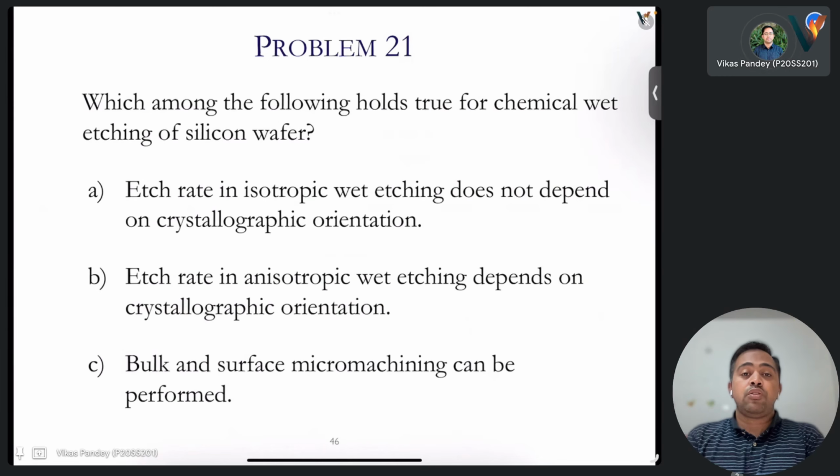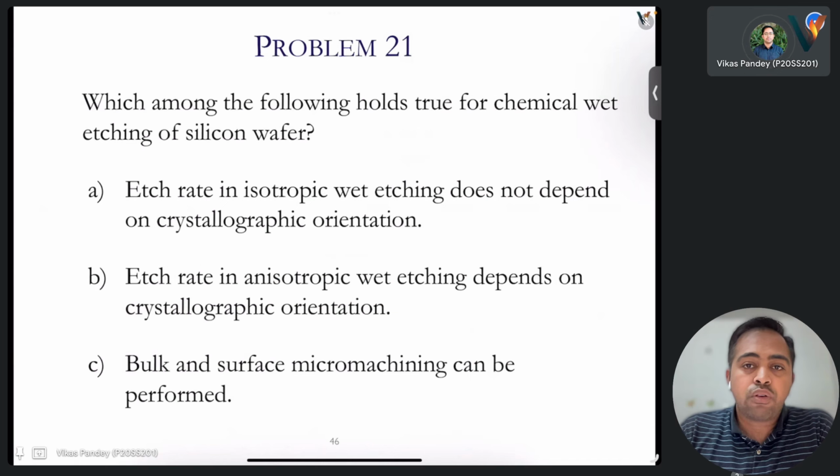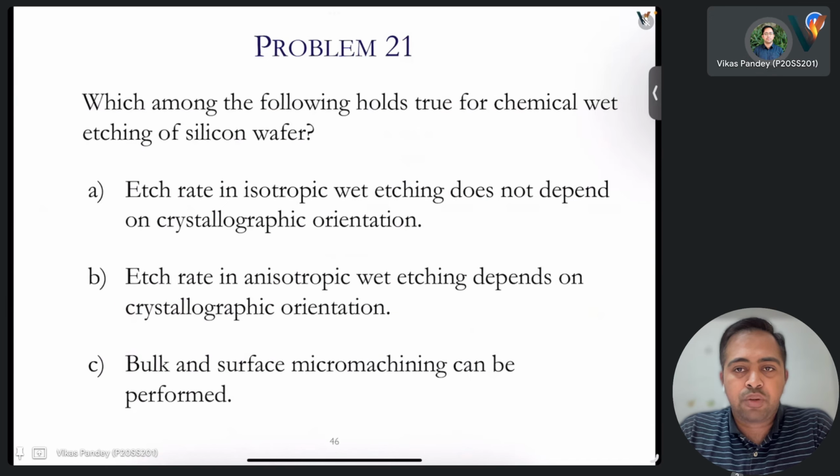Which of the following holds true for chemical wet etching of silicon wafer? Etch rate in isotropic wet etching does not depend on crystallographic orientation. Etch rate in anisotropic wet etching depends on crystallographic orientation. Bulk and surface micromachining can be performed.